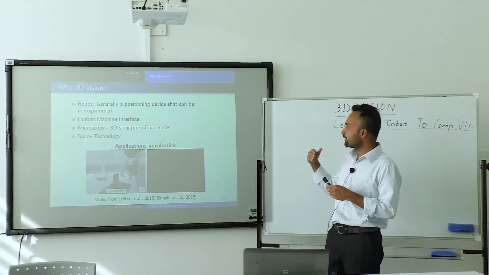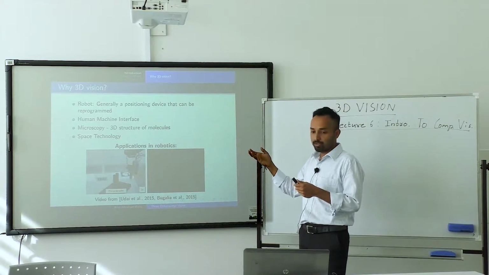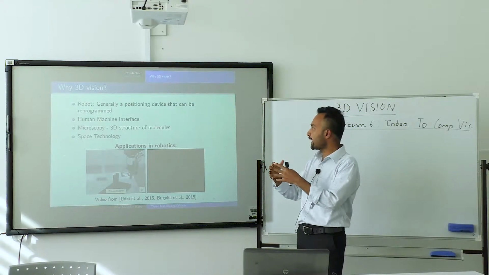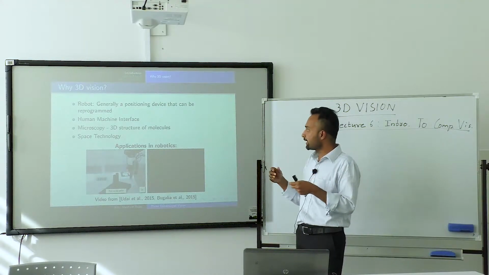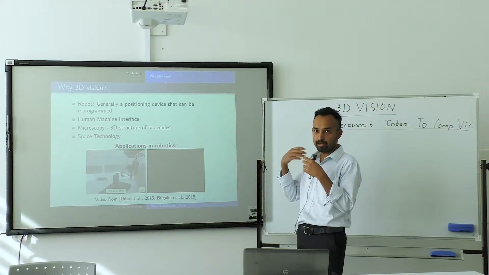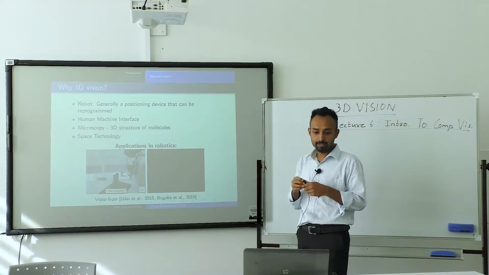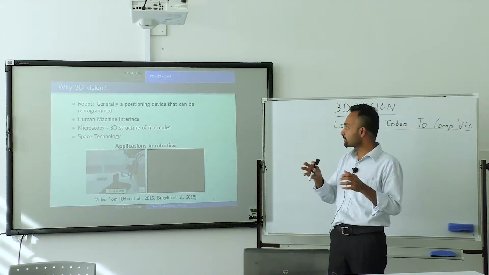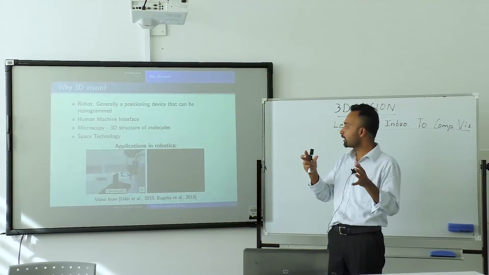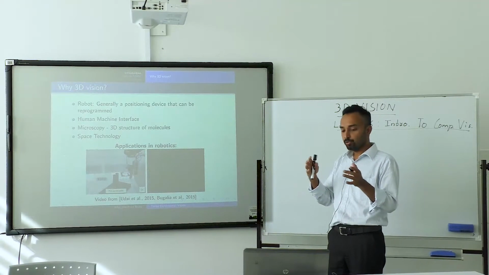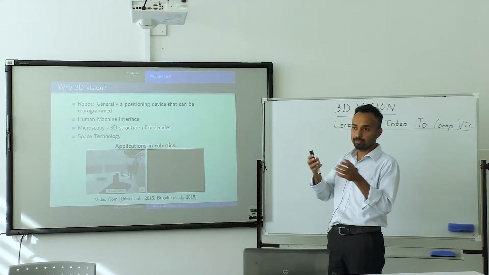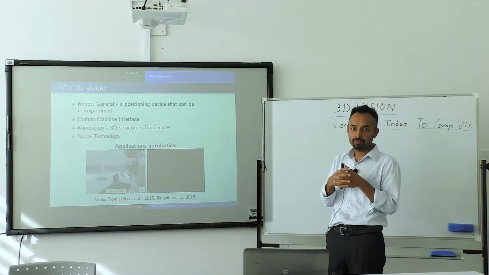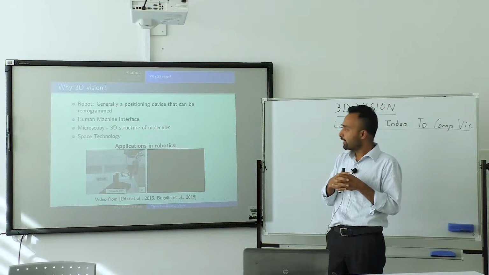And there is another class of devices called human-machine interface, where you make measurements about the position of your hand or any part of your body, and then make a machine respond to it. And another aspect is microscopy, which is measurement of 3D structure of molecules or small surfaces. For example, you can also do similar tasks with a microscope and measure surface roughness of objects.